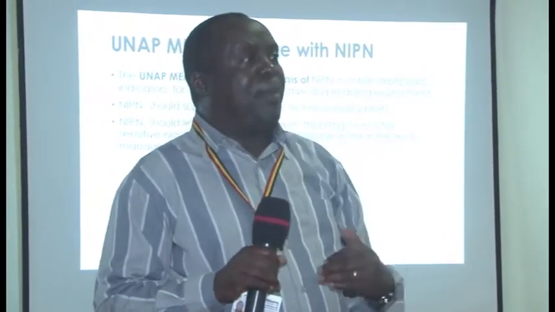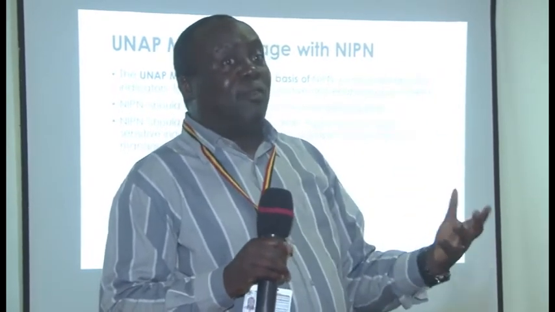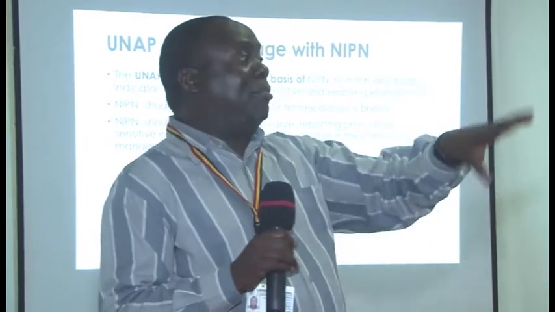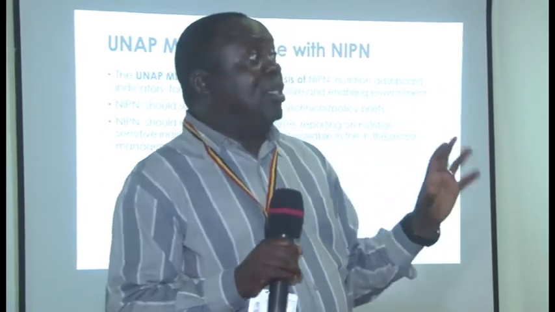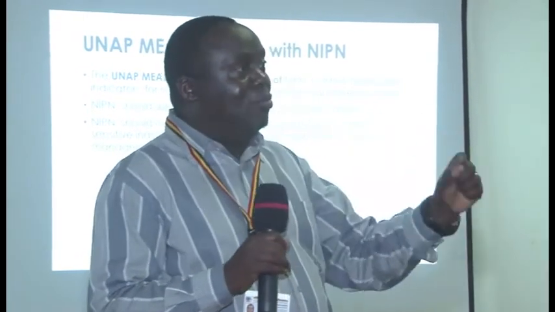For example, a working paper on anemia and malaria could stimulate thinking, with evidence, on how people could intervene in anemia by looking at some of the malaria interventions. It could be a working paper on stunting, a working paper on dietary diversity and minimum acceptable diet. All those could be papers which NIPN will produce, aimed at accelerating the implementation.